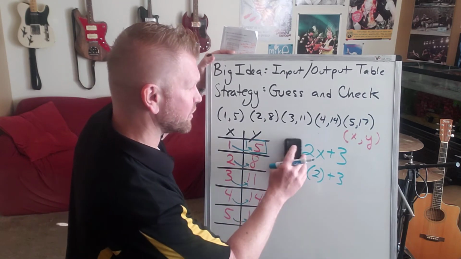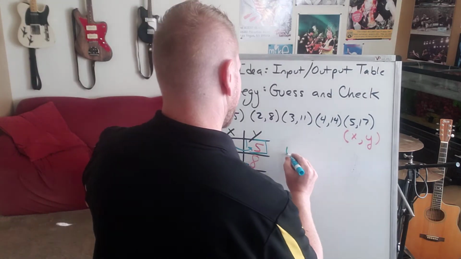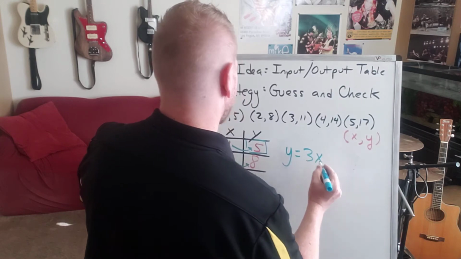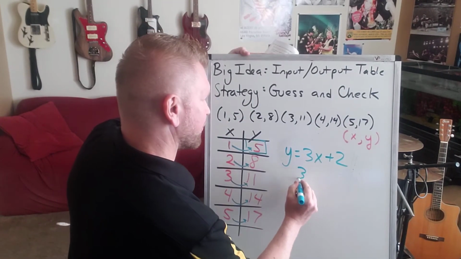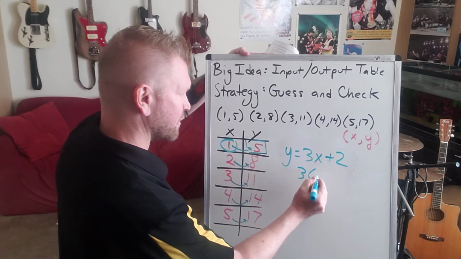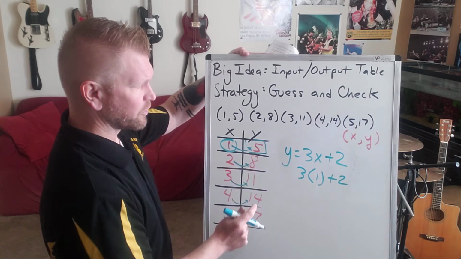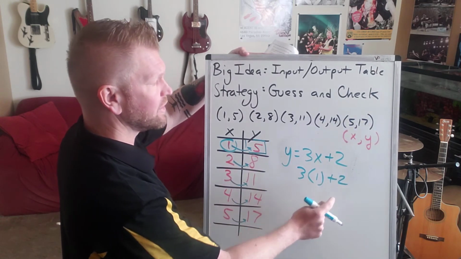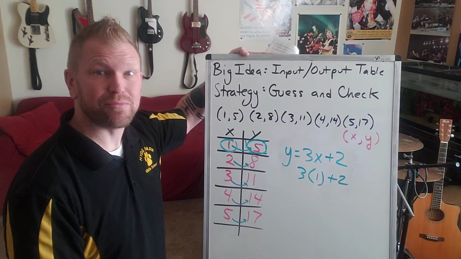Let's try the next one to see if it works all the time. And we've got y equals 3x plus 2. Okay, so first we'll try the 1. And 3 times 1 plus 2. See if it equals 5. 3 times 1 plus 2 does equal 5. But again, it's got to work for all of the inputs and outputs.